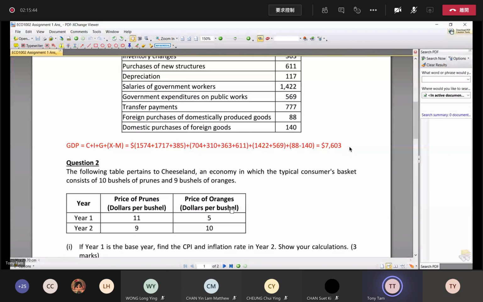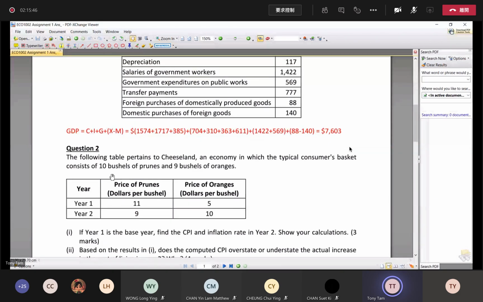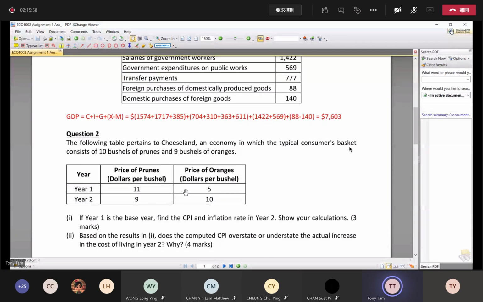So here will be 2 types of goods. Now, the quantity, the price of plum, the price of orange, quantity. So you just take reference of our lecture notes and you will see how you get the marks.